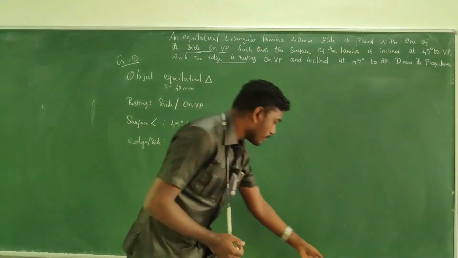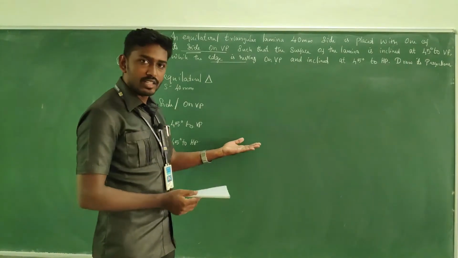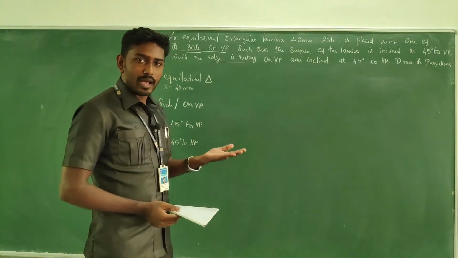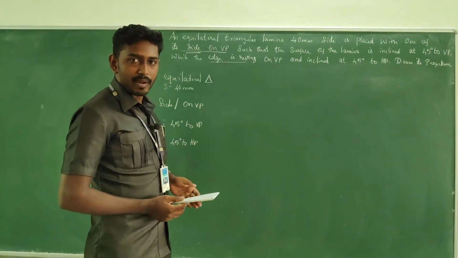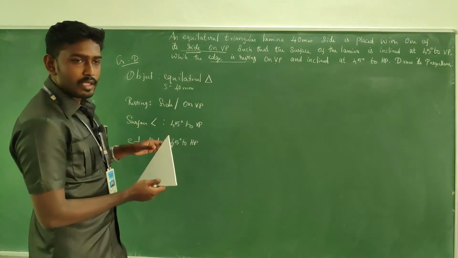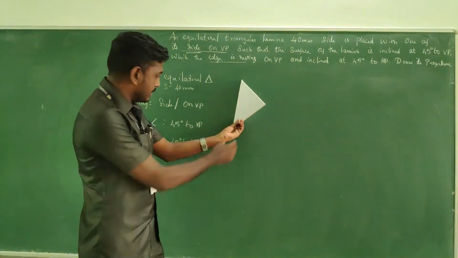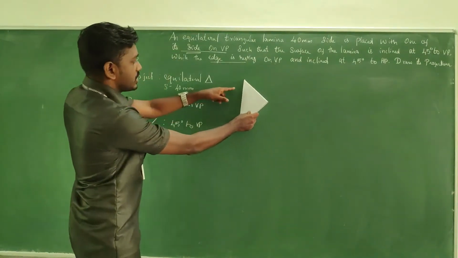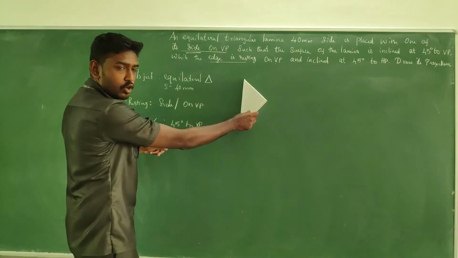Okay. So if I want to position it in the first quadrant, if I consider this as the ground HP and this as the vertical board, the vertical plane VP, the surface is inclined to VP something like this with 45 degree, and then the edge which is resting on VP is tilted 45 degree to HP.